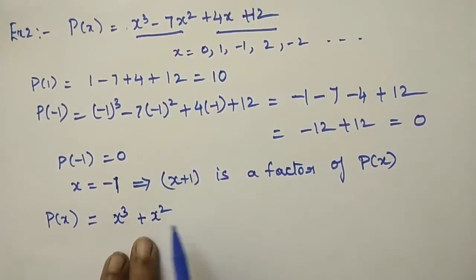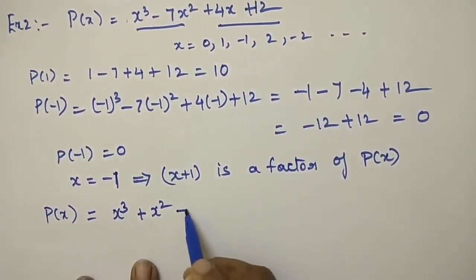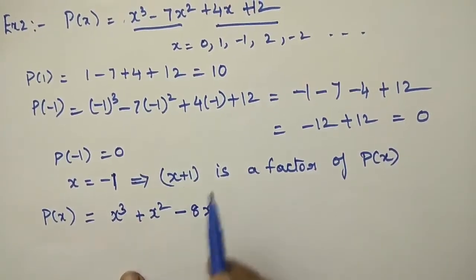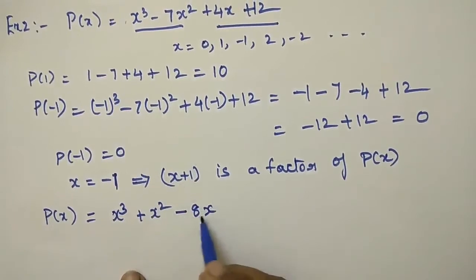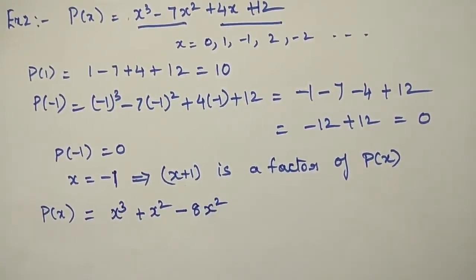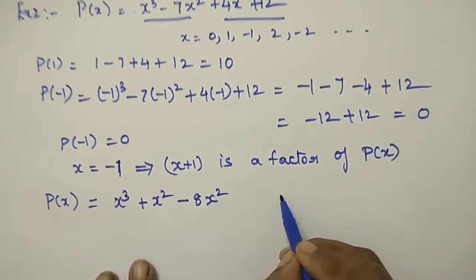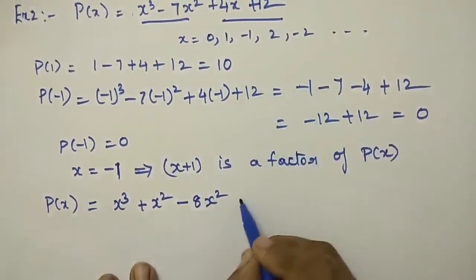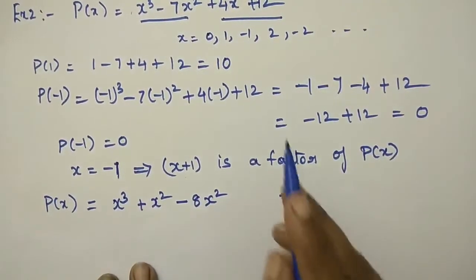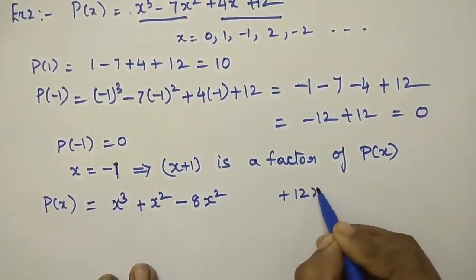So to get minus 7, if I write here minus of 8x square, that is 1 minus 8 is 7, is it not? I will simply write minus 8x square. Okay. Now I will directly go to the last constant term, leaving this term. This is 12, is it not? If I have to get x plus 1 as a common factor, then I have to write it as 12x plus 12.